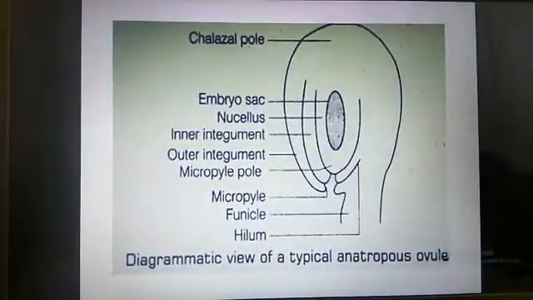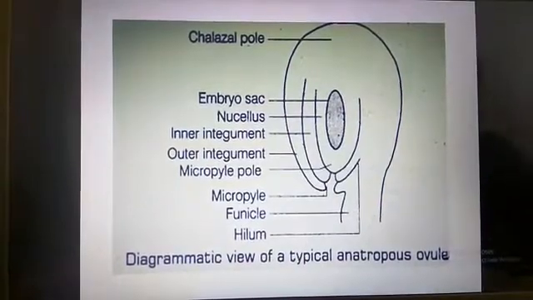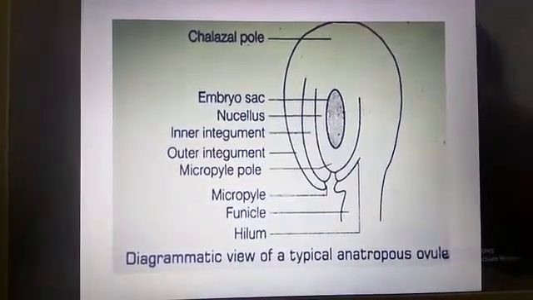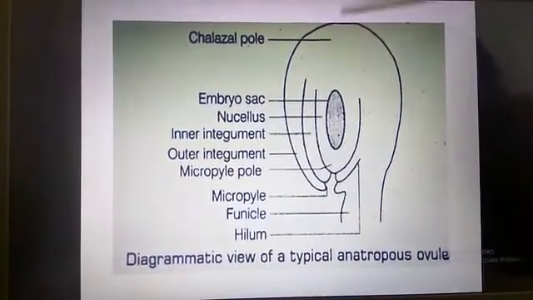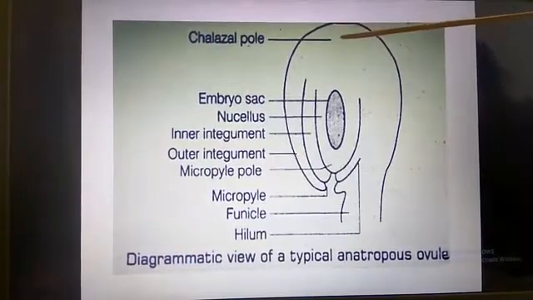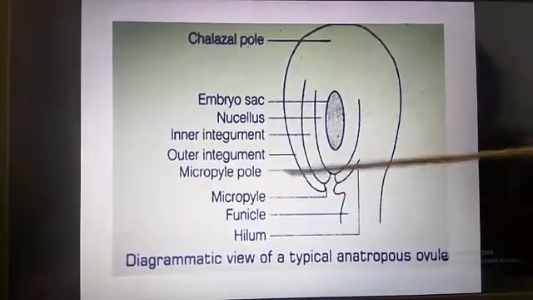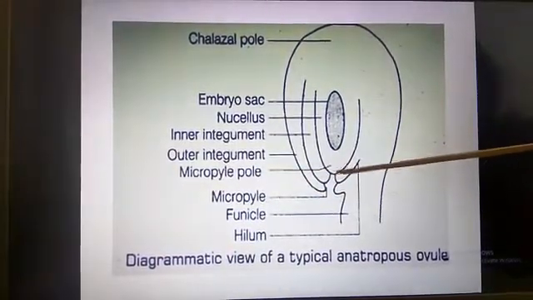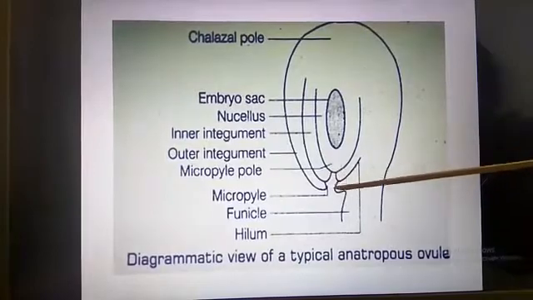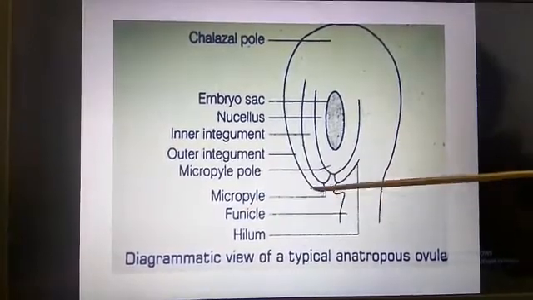Now this is the picture of a typical anatropous ovule. This is called the chalazal pole, and opposite to the chalazal pole is the micropylar pole. Beneath the micropylar pole, there is a small opening called micropyle.